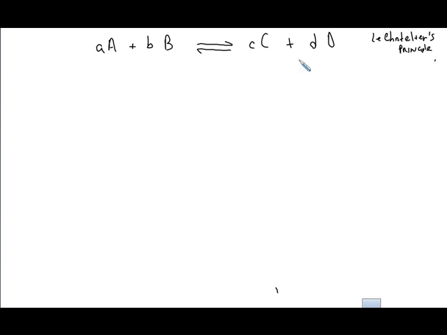The equilibrium will shift in such a way as to reduce the stress. It doesn't mean the equilibrium will stay exactly the same, but it will shift to reduce the stress. In other words, if you add reactant to this equilibrium, it will shift and produce more product, okay?